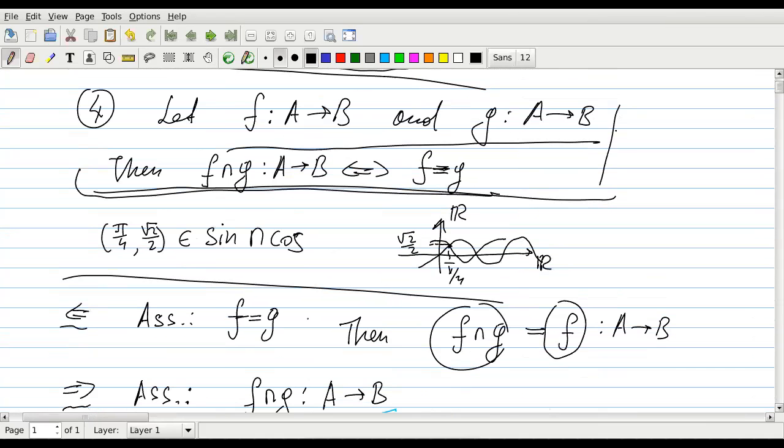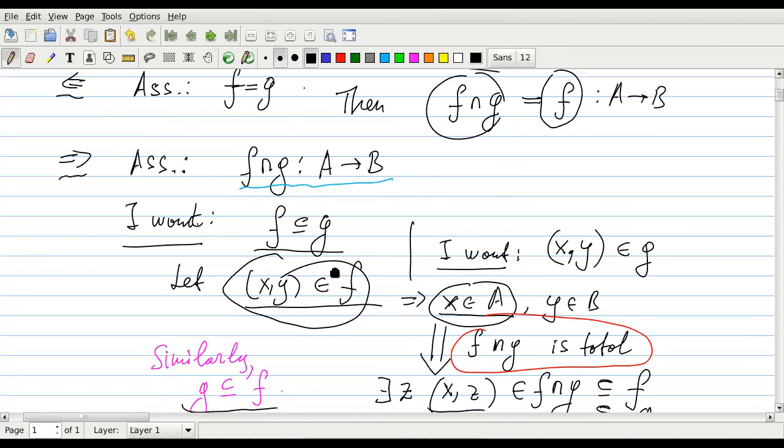But in your homework, you have a similar task, but not for intersection, but for the union of F and G. Or maybe you will have it in your next home task. So is it clear? Yes. Number five.